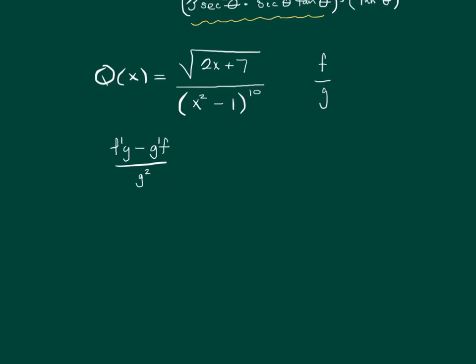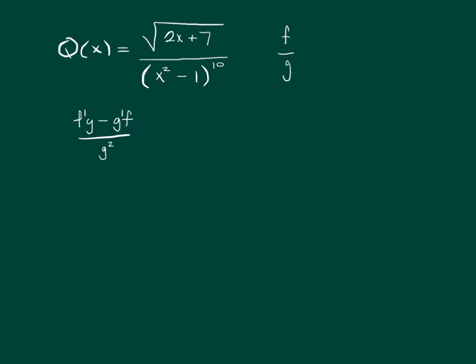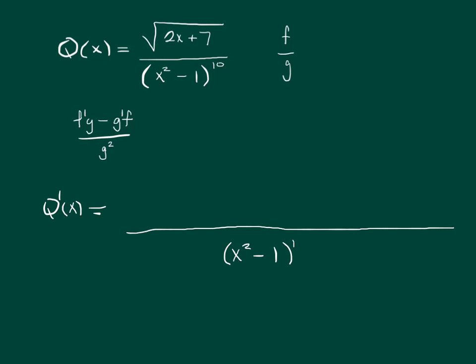That specific formulation. Okay. Q prime of x. Let's go ahead and make a giant fraction bar. We can take care of the denominator, no problem. x squared minus 1 to the 10th squared, which, if you like, let's go ahead and say x squared minus 1 to the 20th.